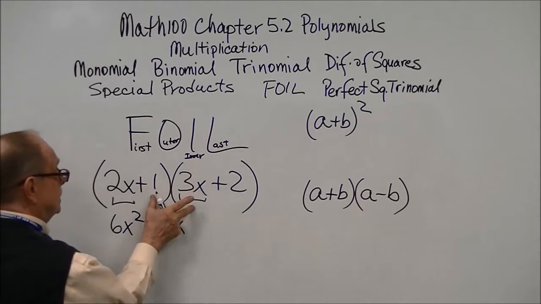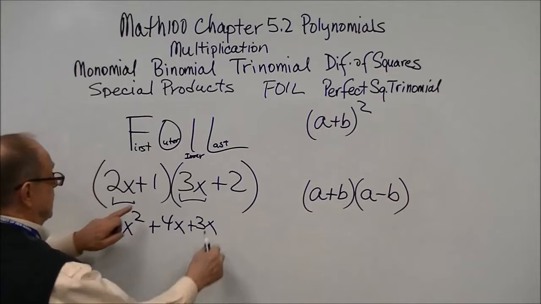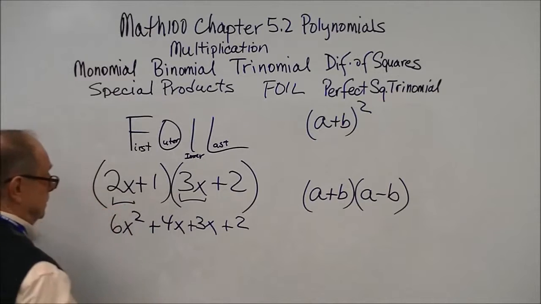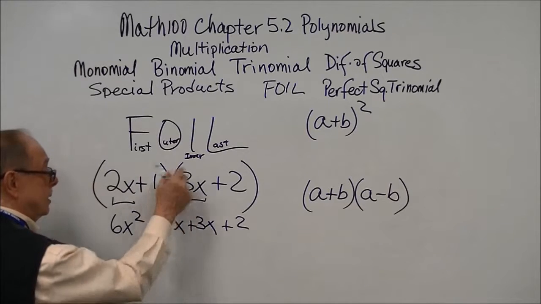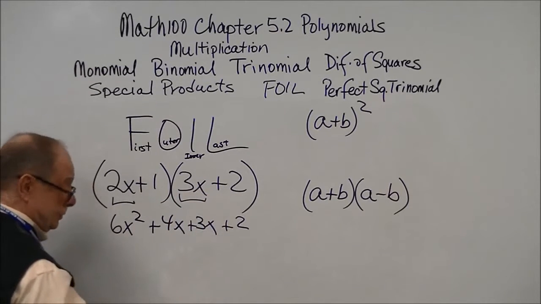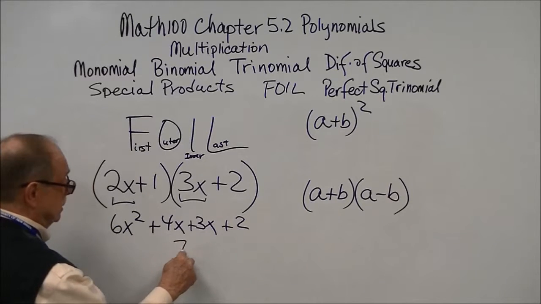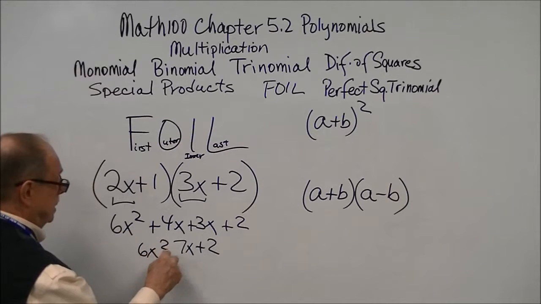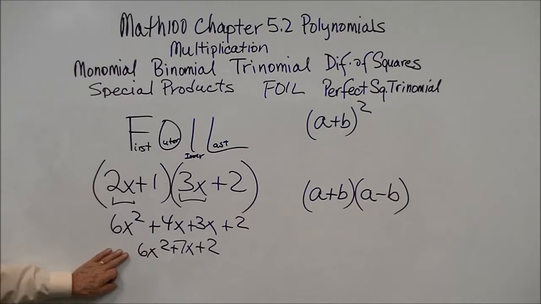Then we do our inners, and that gives us a positive 3x. Then we do our last. This gives us a positive 2. And just as we did it the traditional way, there are like terms that come out of the inners and outers, usually. So we group those together. And that is our trinomial.